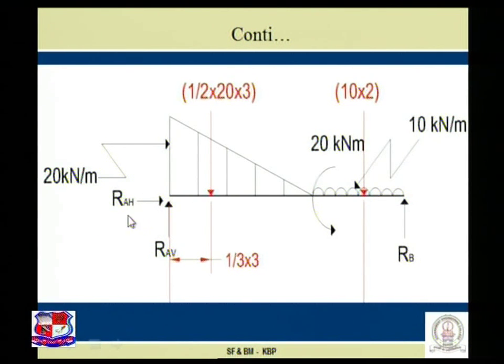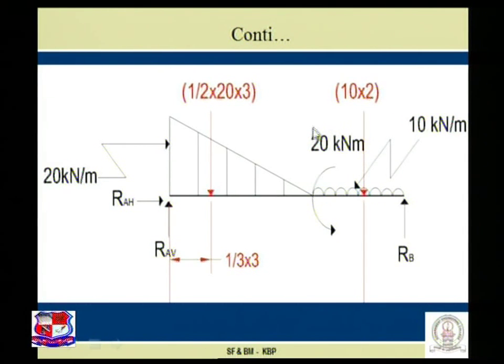At this A, RAH and RAV both are the reactions acting. Taking sigma H equal to 0, we obtain RAH equal to 0. Taking sigma V equal to 0, RAV and RB both are upward, hence RAV plus RB is equal to total downward load, that is half into 20 into 3 plus 10 into 2, that is 30 plus 20, that is 50 kilonewton.